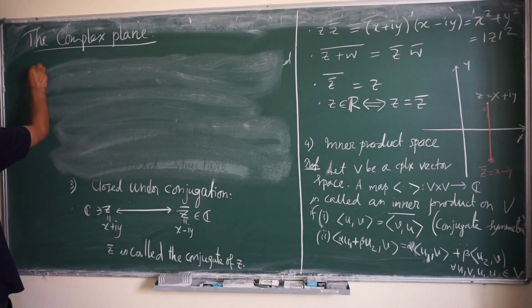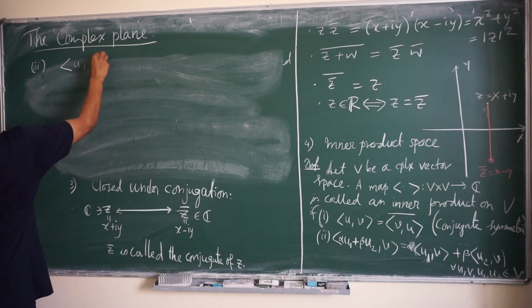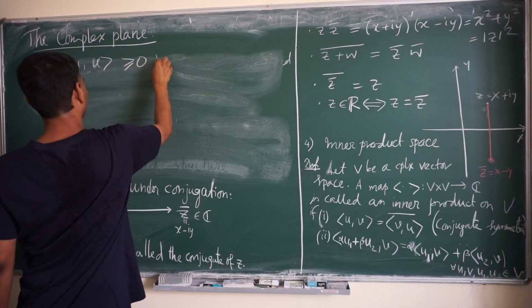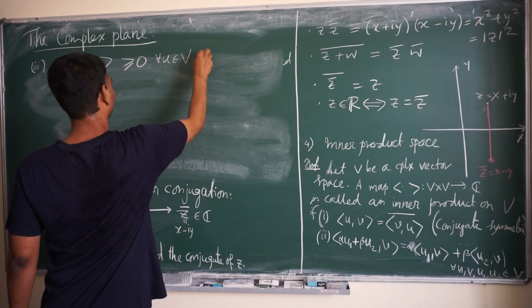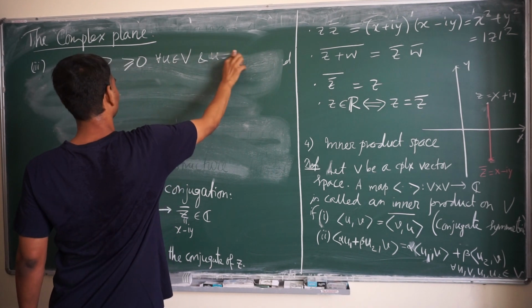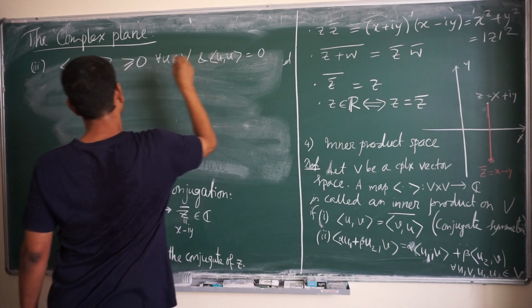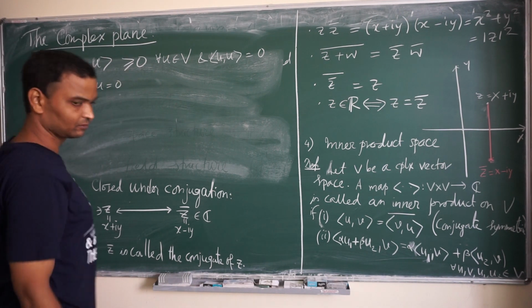Three: u comma u is greater than or equal to 0 for all u in V, and u comma u equals 0 if and only if u is identically 0.